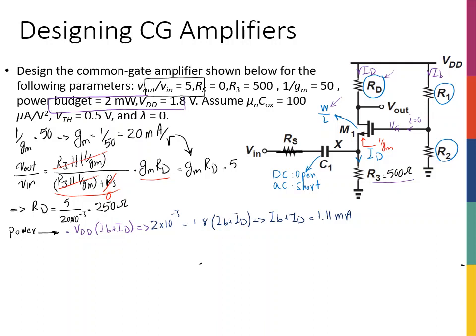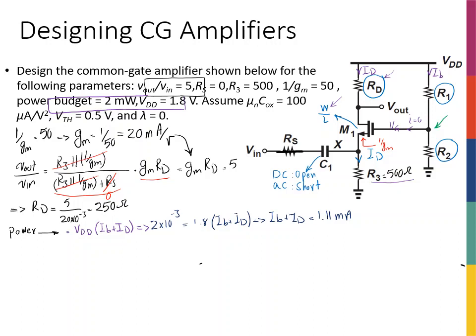Thinking about IB, I would say IB is a current that is used for my biasing circuit. It flows through R1 and R2 so that I can get the voltage that I like at the gate, by setting the R1 and R2 ratio. Can I get this voltage as long as the R1 and R2 ratio is what I want?